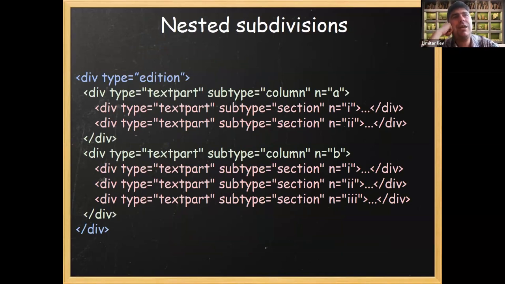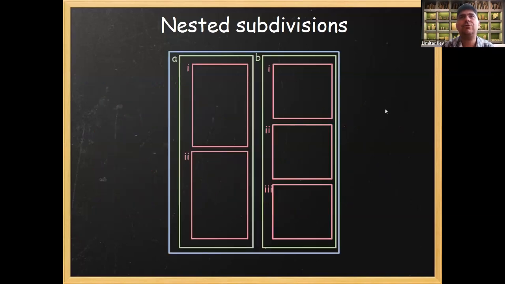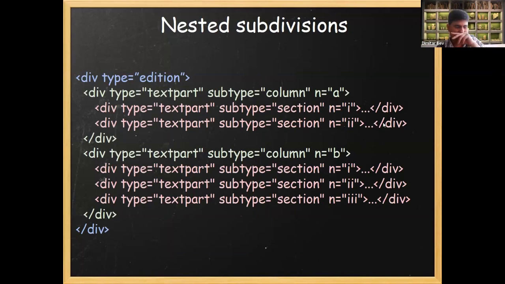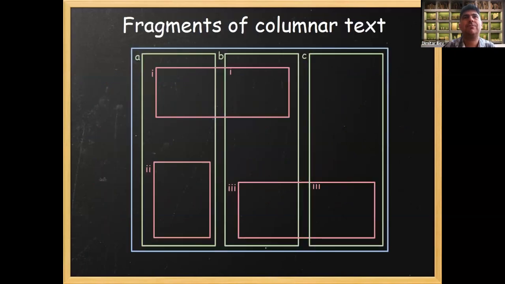Rather, you can have text parts within text parts. And provided that you give different names of the subtypes and different numbers of the subtypes, this should be no problem. So in column A, you have section number 1 and number 2. And in column B, you have section number 1, 2, and 3. And here you put also the text of each fragment of each section.